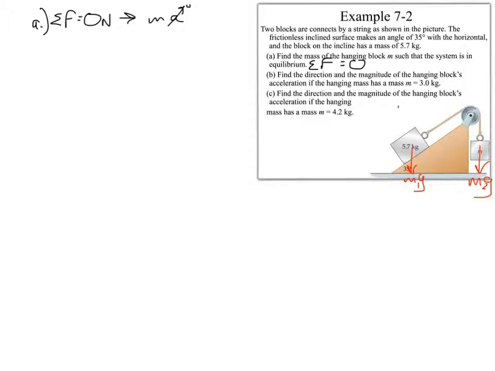So this is mass 1 and mass 2. But really, is this weight force acting along the length of the string? And the answer is no. It is pulling straight down, but what is acting along the length of the string? We would say it's the force parallel. That is truly what is acting along the length of the string and is balancing out this right here.